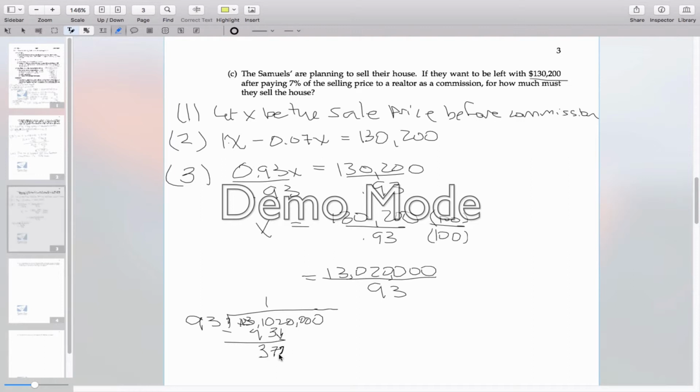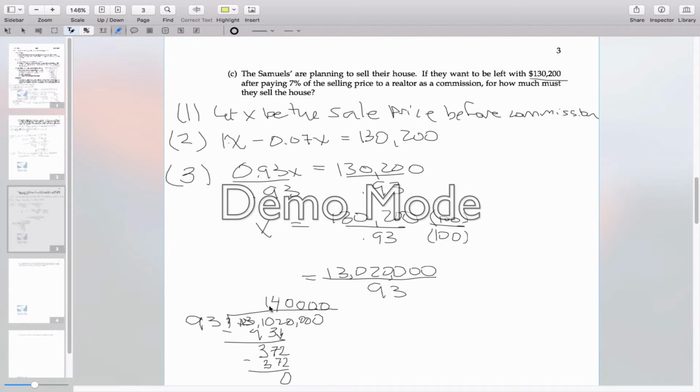Bring down a 2, and I know that 4 times 90 is 360. 4 times 3 is 12. In total, I get 372. Subtract. I have remainder 0, but notice that the ones, tens, hundreds, and thousands place all have zeros in them.